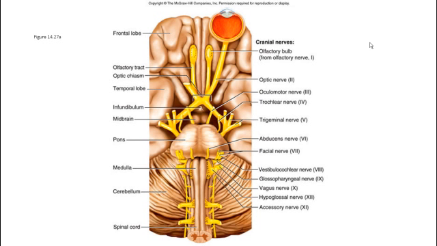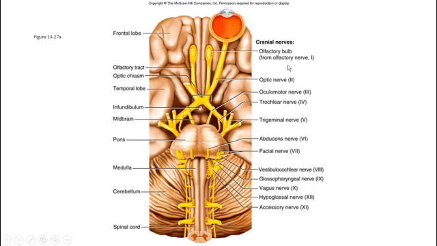So cranial nerves are just that. They come off of the brainstem, and since the brainstem is within the cranium, that's how they get the name cranial nerves. There are 12 pair, and you are not going to be required for this class to learn the names or functions of those nerves, but you are going to have a neuro class at some point, and you will be learning them in great detail at that point.